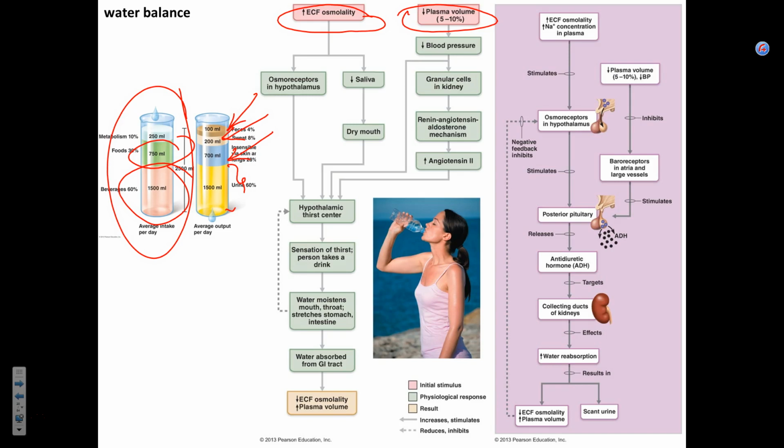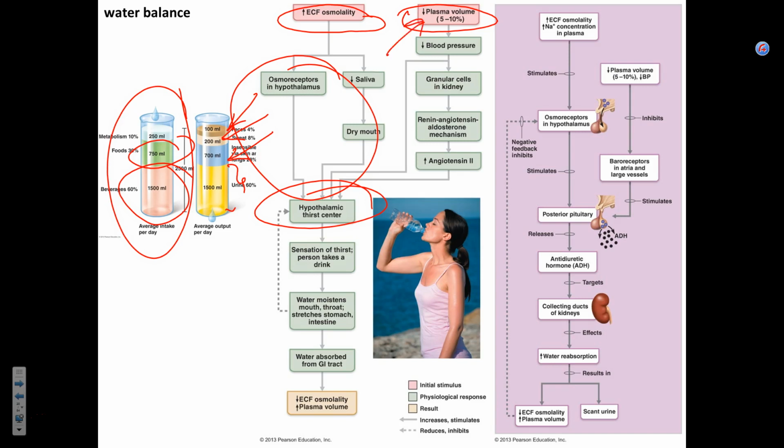So there are several mechanisms responding to these changes. First, when extracellular fluid osmolality goes up, that stimulates osmoreceptors, the chemical receptors in the hypothalamus. You feel thirst. When you're thirsty, what do you do? You drink. There's going to be a lot of really stupid questions down the road. Okay, you drink. Problem solved. Correct?